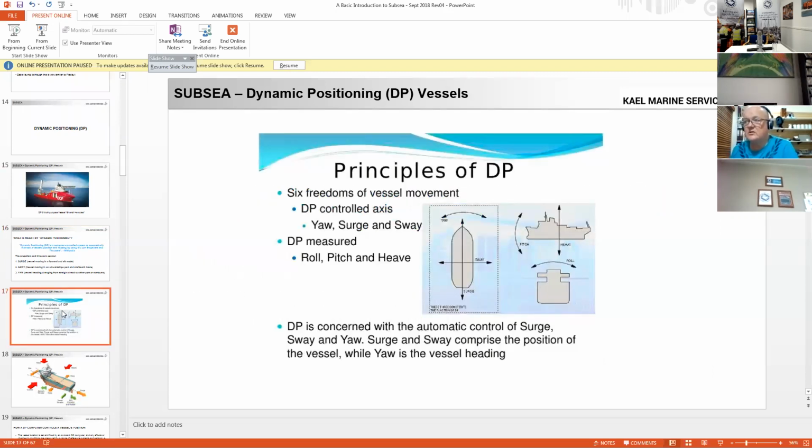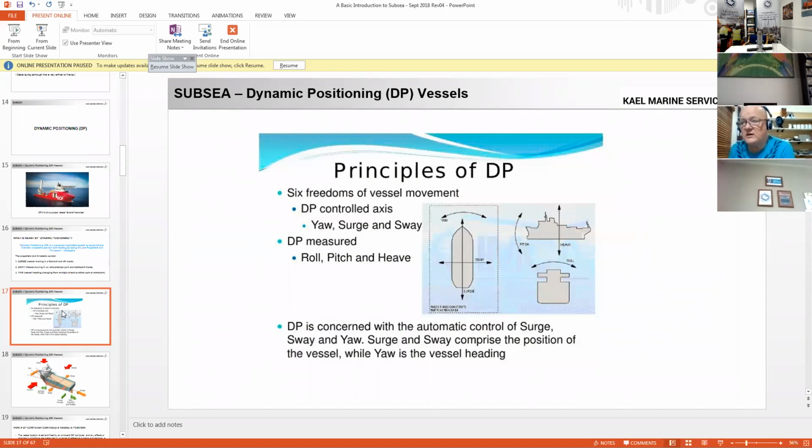So this is a good little drawing showing the principles of DP. There are six freedoms of vessel movement. There's a DP controlled axis, which is yaw, surge, and sway, as we have just discussed. And then the measured, which are not controlled, which is roll, pitch, and heave. So DP is concerned with the automatic control of surge, sway, and yaw.